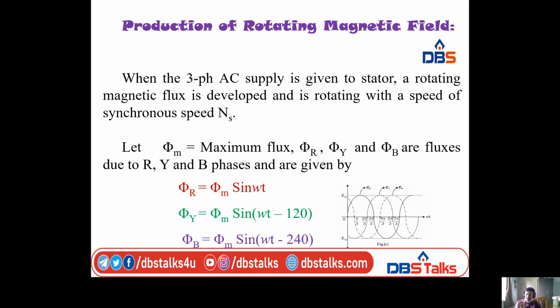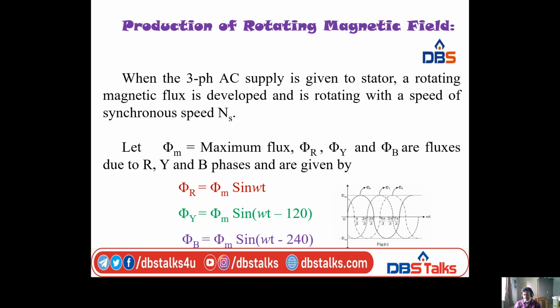Suppose we take the R phase as the reference. That means the phase angle of R phase is 0 degrees. From that 0 degrees, 120 degrees later, the Y phase is displaced. From the Y phase, another 120 degrees later, the B phase is introduced. That means from R phase, Y phase is 120 degrees, B phase is 240 degrees. From R to Y phase 120 degrees, Y to B phase also 120 degrees.